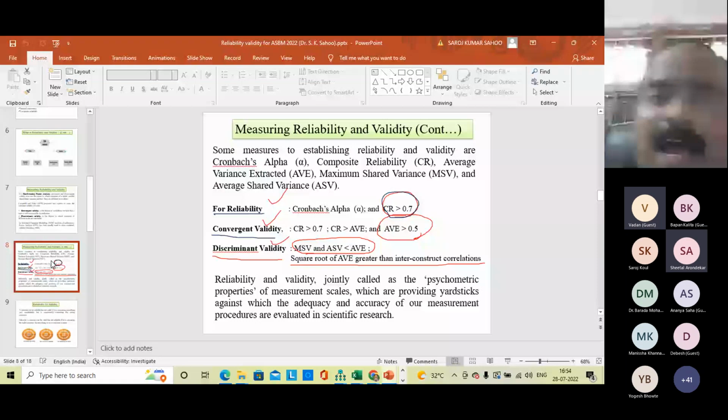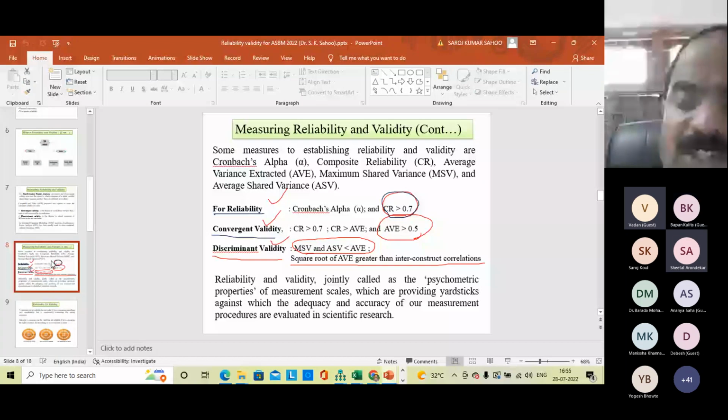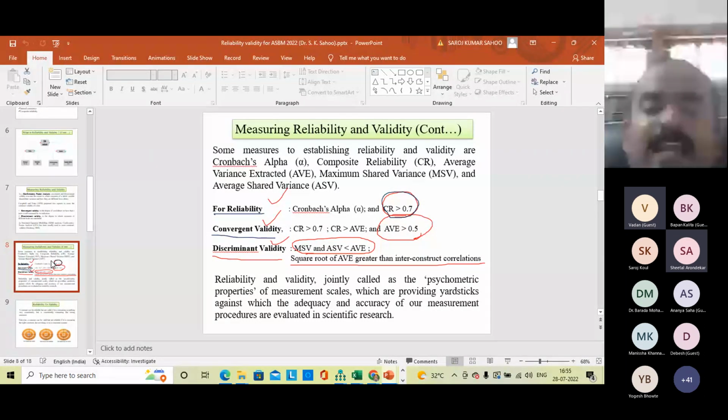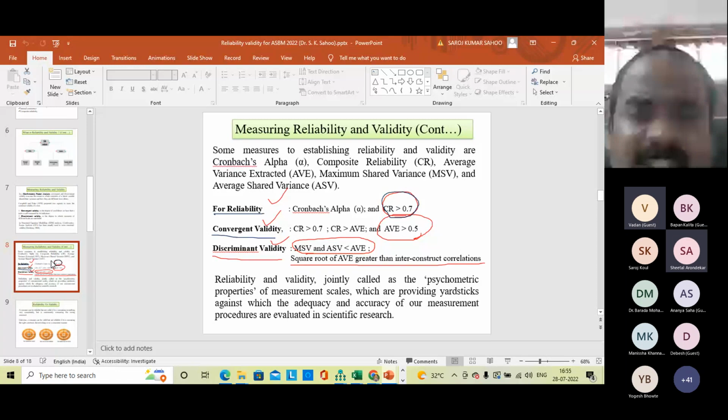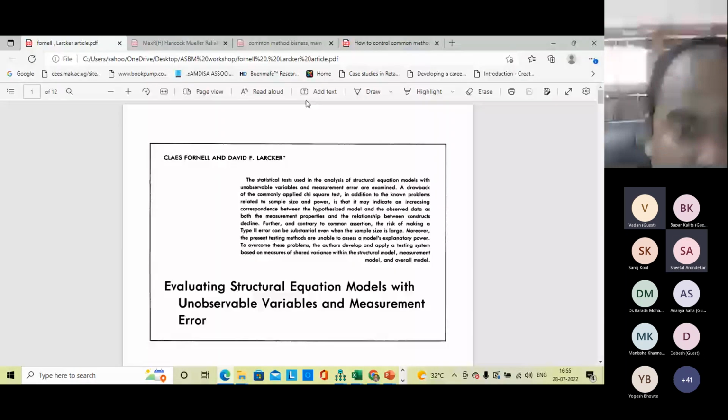Suppose I have specified 5 indicators, you will specify 6 indicators, somebody will specify 3 indicators. So according to that, it may vary. Some of the recent researchers do not agree on that. So that is the reason 2 famous authors, look at here, I'm showing you how to control.